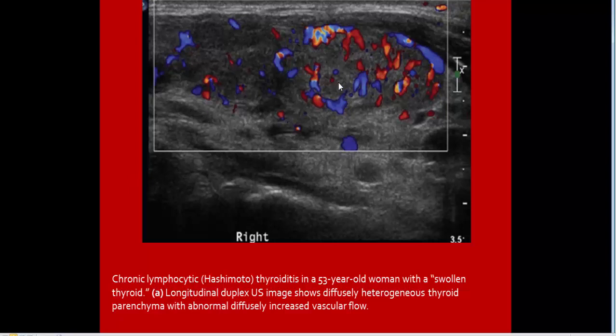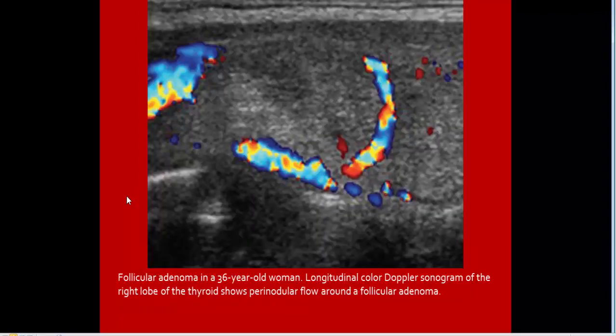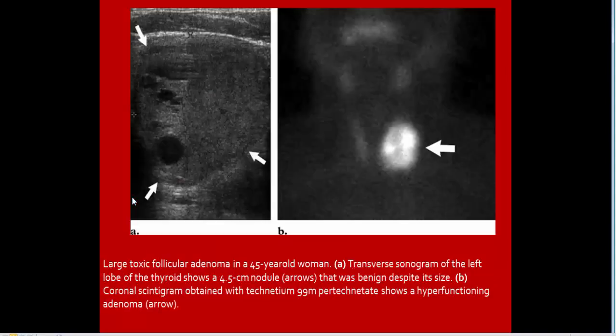Longitudinal duplex shows diffusely heterogeneous thyroid parenchyma and abnormal diffusely increased vascular flow, Hashimoto's nodule. This is TI-RADS 3.